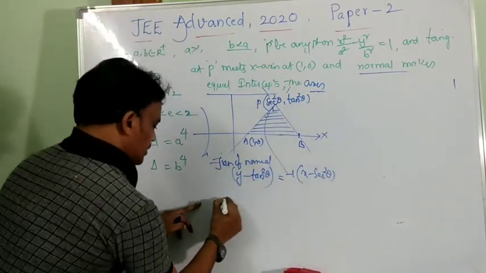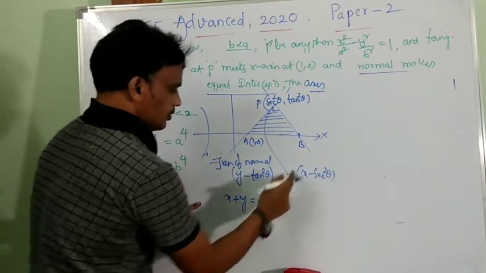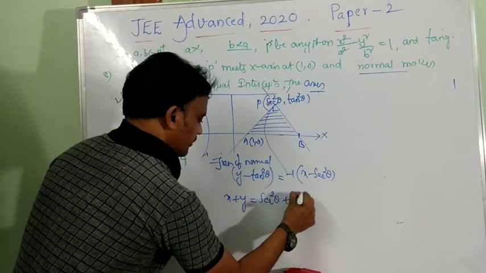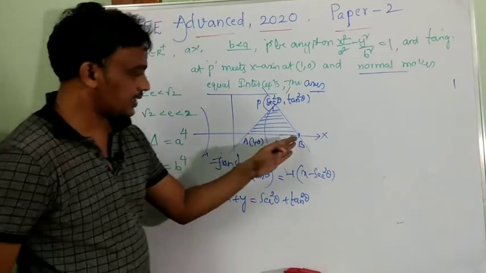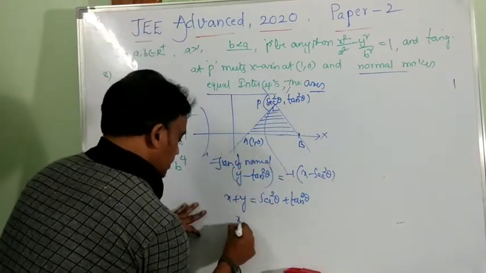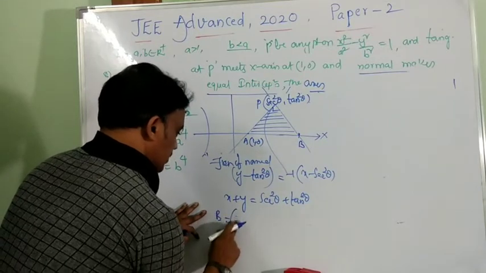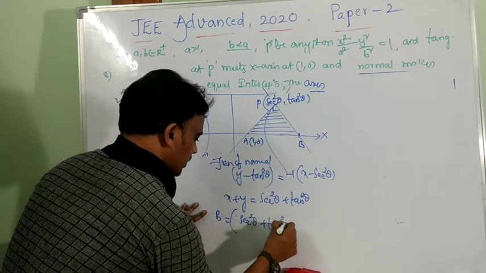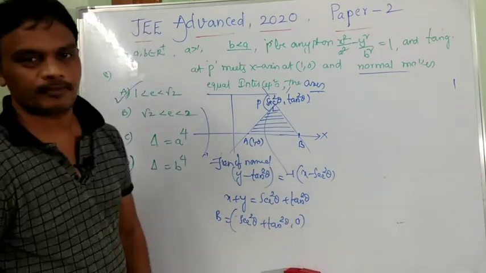So x plus y equals secant square theta plus tan square theta, which meets the x-axis where y coordinate is 0. So the point B is (secant square theta plus tan square theta, 0).